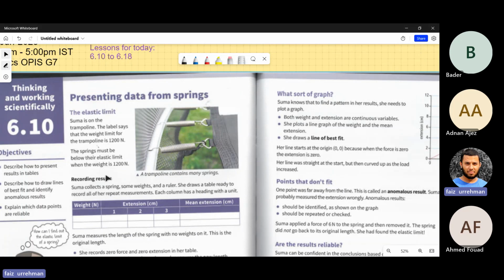So the elastic limit, we have already discussed, is that limit until which the object will come back to its original length. But if you take it beyond the elastic limit, what will happen? It won't return to its original shape.